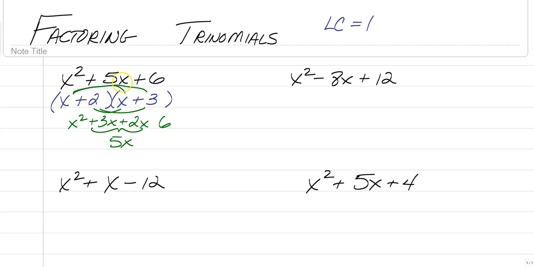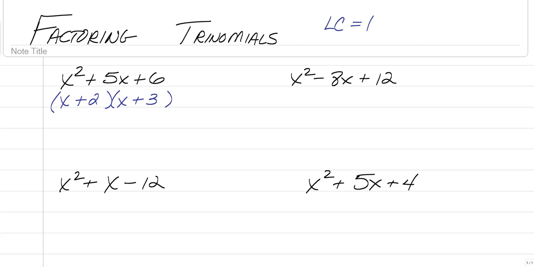And that's how you ended up with x squared plus 5x plus 6. So what we did is we just worked backwards. We split up the 5x into two values that would add up to 5, but multiply to 6. Okay? But all that stuff is old school. Your answer for this first problem is x plus 2 times x plus 3.